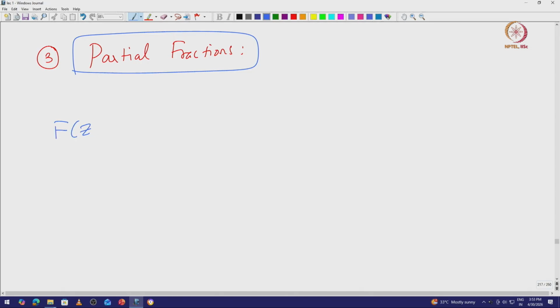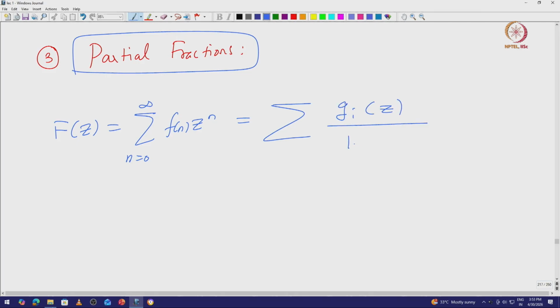You take this f of z, which is given by the sum of f of n z power n, where n is varying from 0 to infinity, which you can rewrite as the summation of g i of z divided by 1 minus alpha i z power d i, where i ranges from 1 to k.